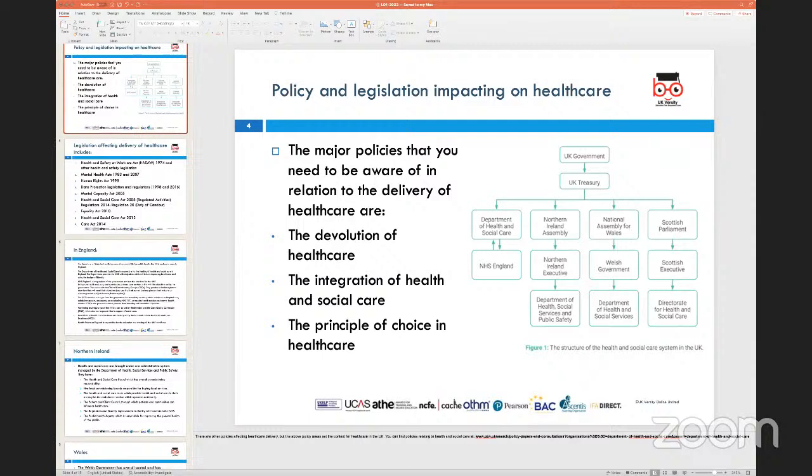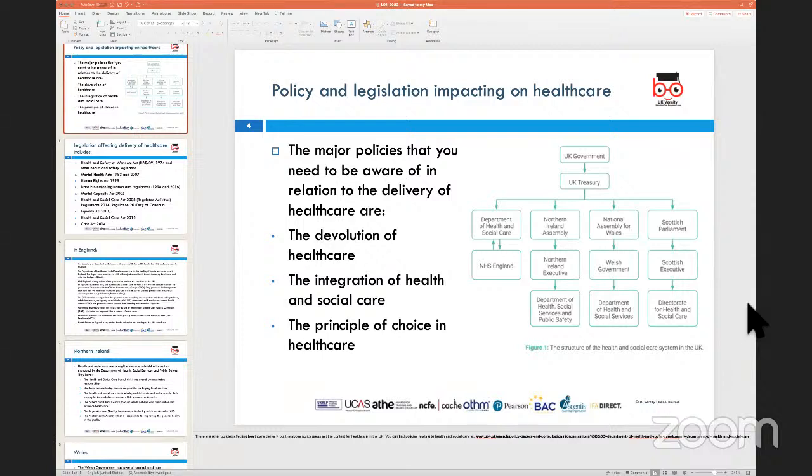So when an act is introduced in the Parliament in London or in England, part of it is also introduced in other nations, and their local assemblies have the ability to tailor, bespoke, or change some parts of it to make sure its implementation happens.